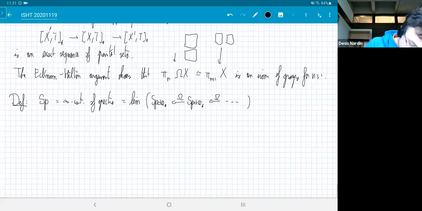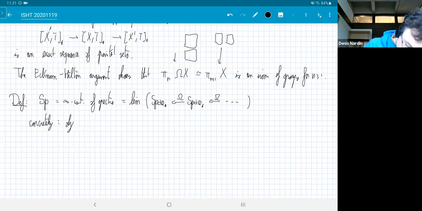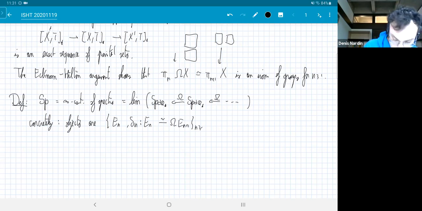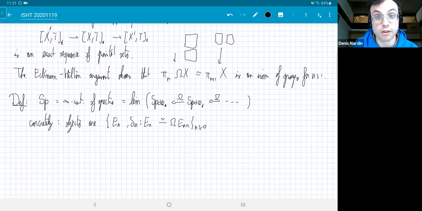So concretely, objects are sequences E_n with delta_n, sorry, E_n plus 1. And here I'm specifying them only for n greater or equal than 0, but for what I discussed, that's not a real limitation, since you can always extend it in a canonical way to all integers.